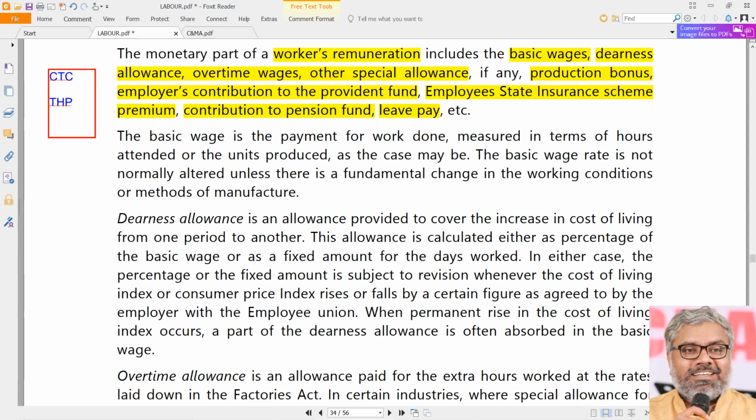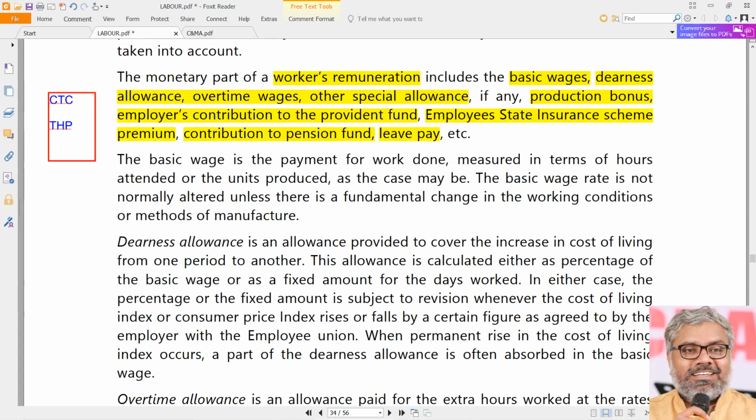Cost to the company is what the company is incurring on the employee, the whole cost of all those things which are related to monetary as well as non-monetary benefits that the company gives to employees. So definitely that is part of CTC. But take home pay is different. Take home pay means what the employee actually takes home, what comes to his pocket, which is money.